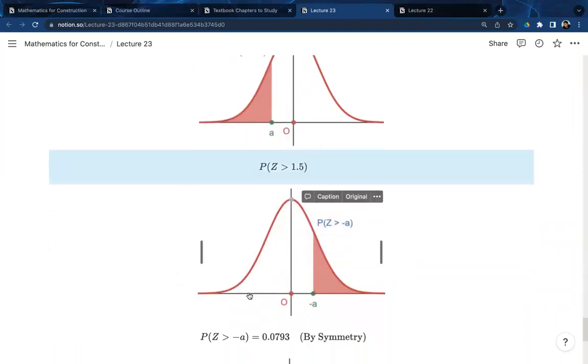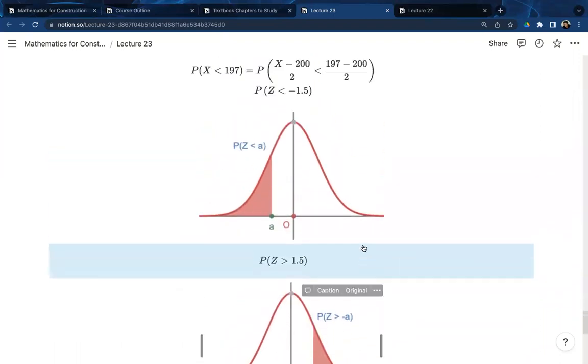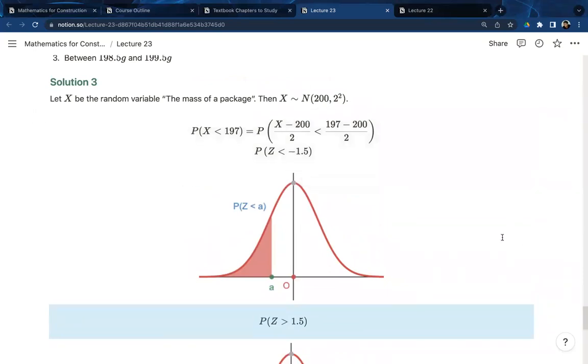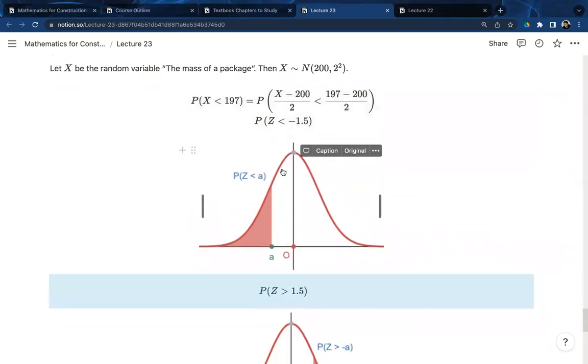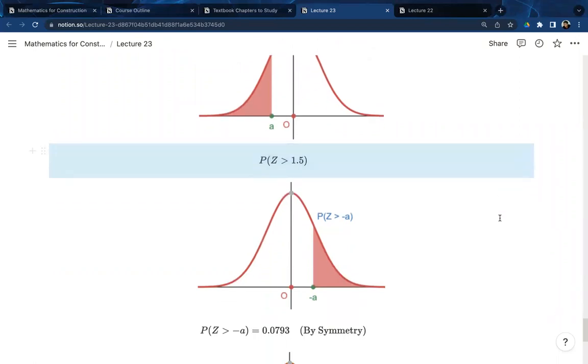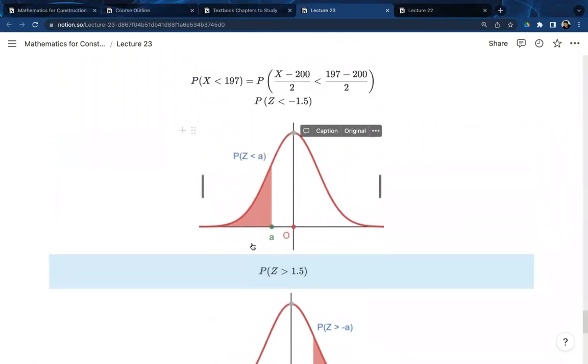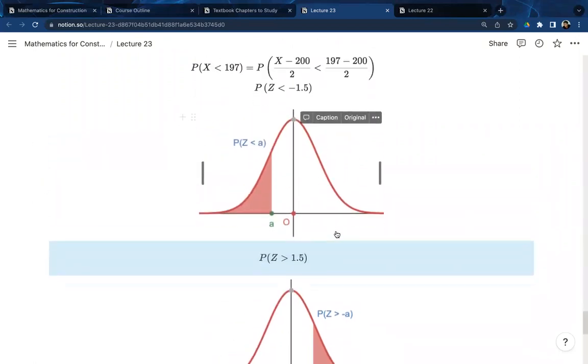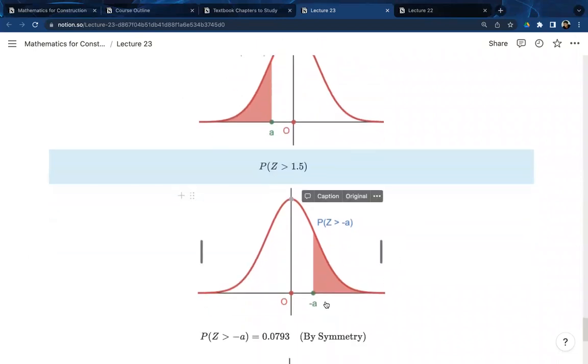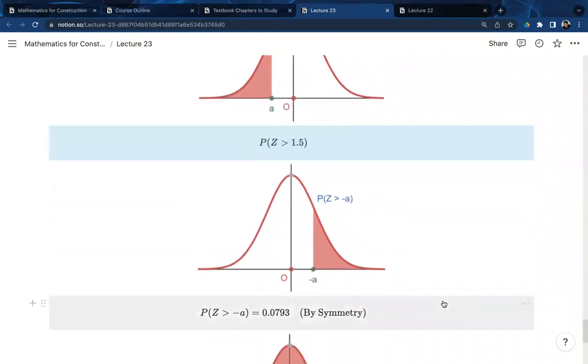Pretend A is negative 1.5, then negative A is positive 1.5. So that's the probability that Z is more than 1.5.